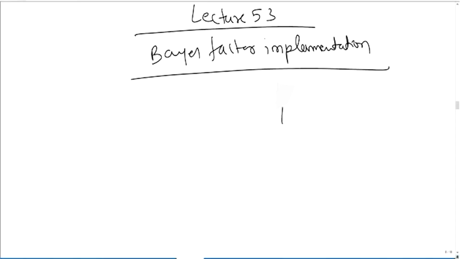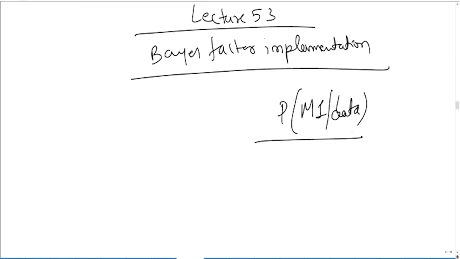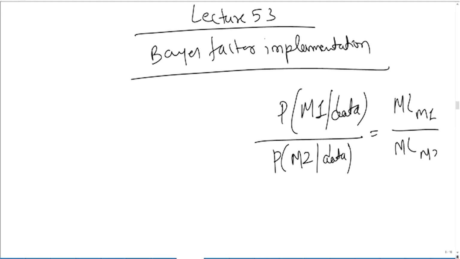Because we saw that evidence, how likely is a model given the data, basically the probability of model 1 given the data against the probability of choosing model 2 given the data, can be given by the marginal likelihood of model 1 divided by the marginal likelihood of model 2.